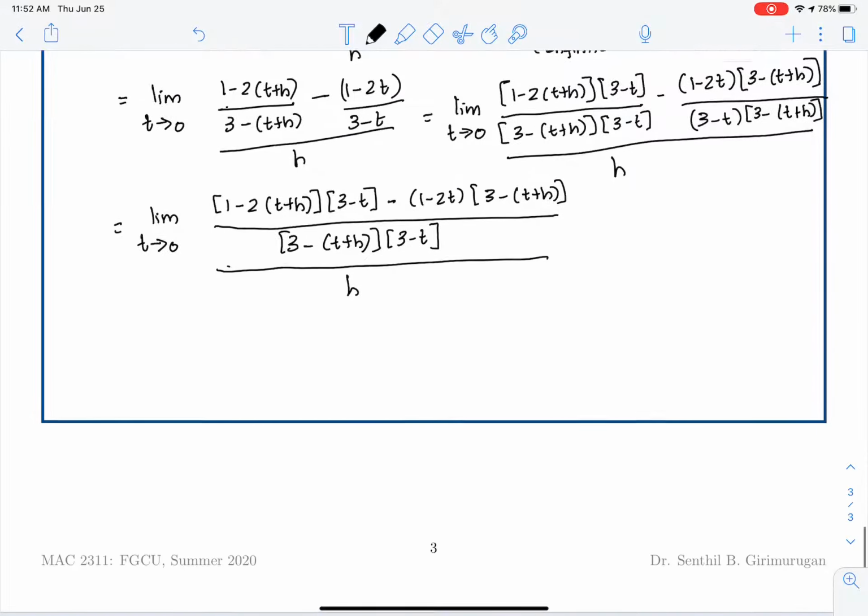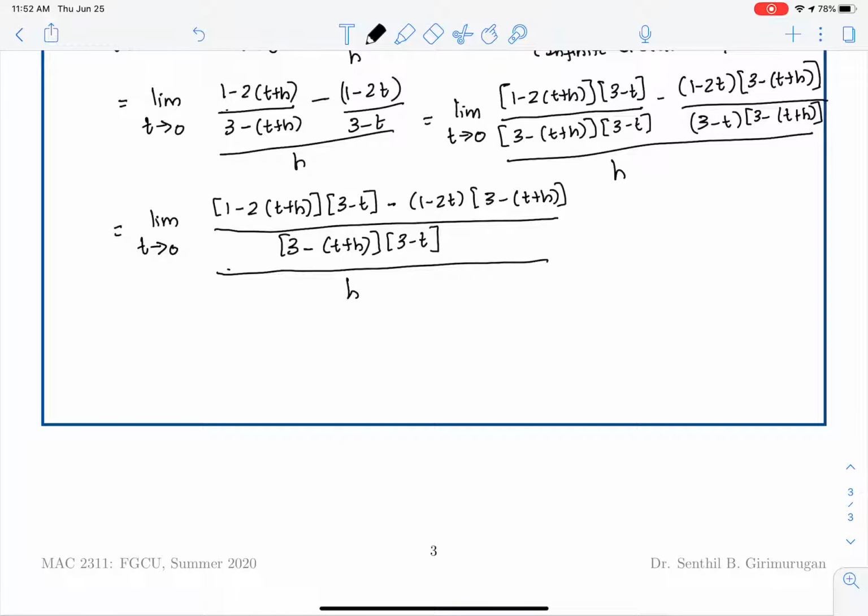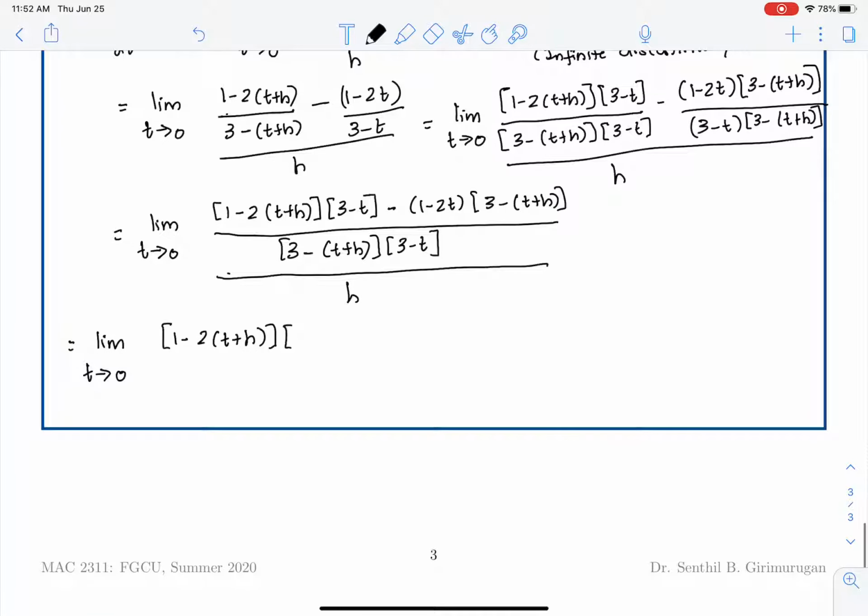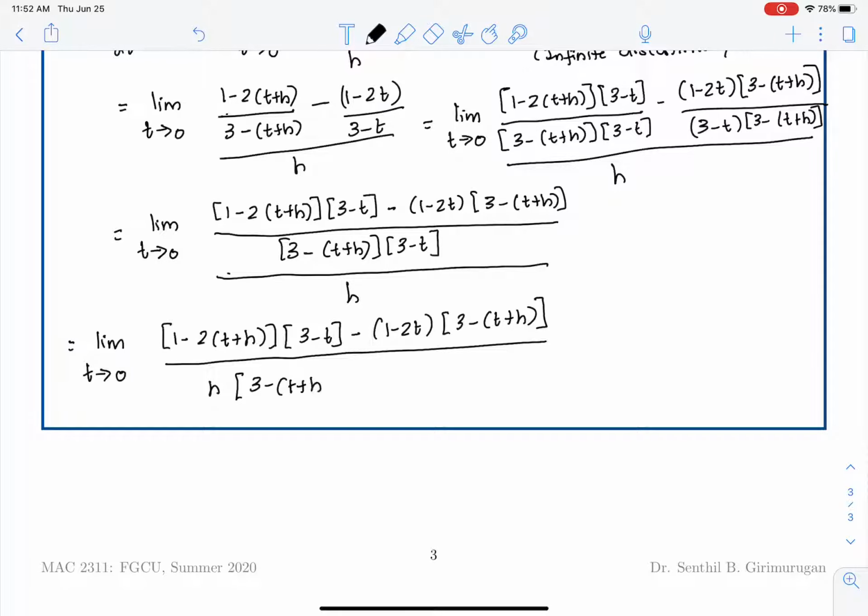So if we flip and multiply, that would reduce to limit t approaches 0, 1 minus 2 times t plus h times 3 minus t, minus 1 minus 2t times 3 minus t plus h, divided by h times 3 minus t plus h times 3 minus t.